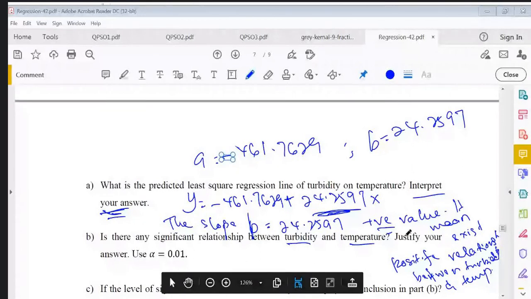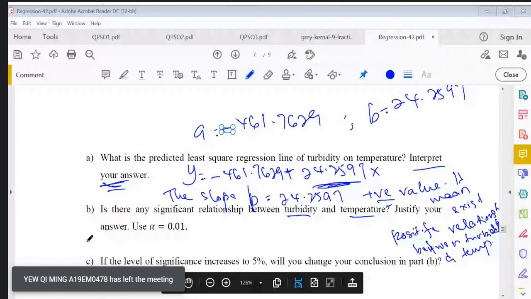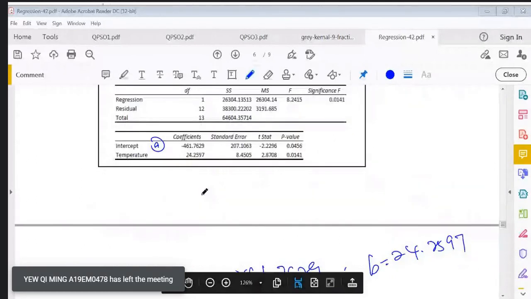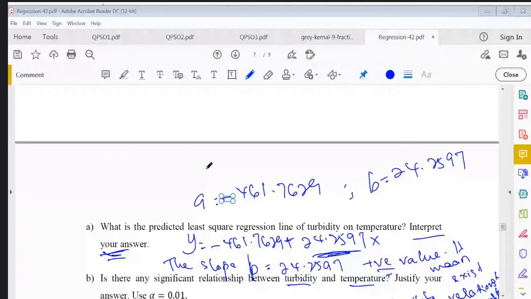The number B. Is there any significant relationship between turbidity and temperature? For this one, alpha is 0.01. Look, what is the p-value? Okay, 0.0141.